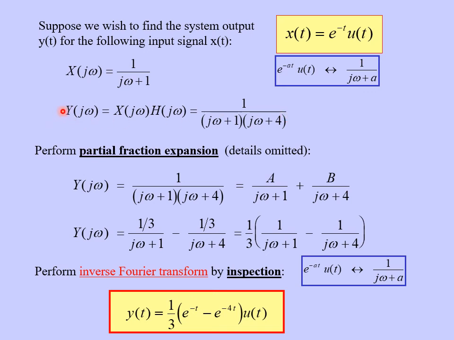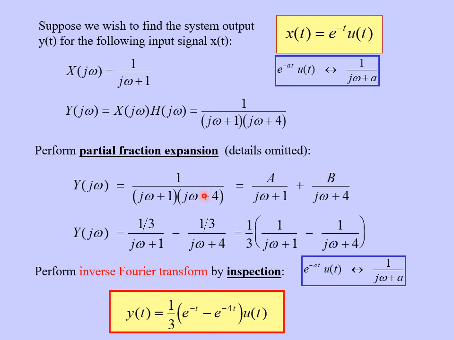Now this is just like the problem we did a few slides earlier. In order to invert this, we're going to do partial fraction expansion to break this fraction here up into these partial fractions here, right?